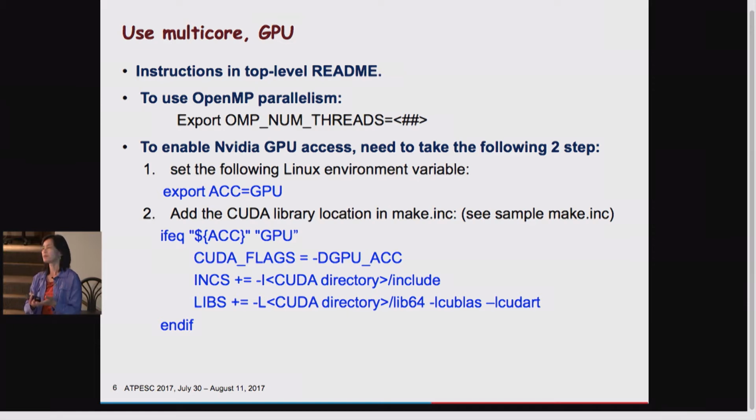We use MPI, and each node has multiple cores, so you can use OpenMP, setting the OpenMP number of threads. And also, each node has a couple of GPUs, so you can add on this GPU functionality. To enable this, you need to set those environment variables before you compile the library. So that's set up in the make.inc.